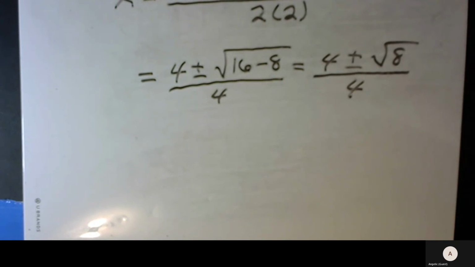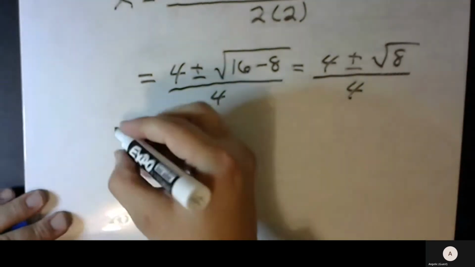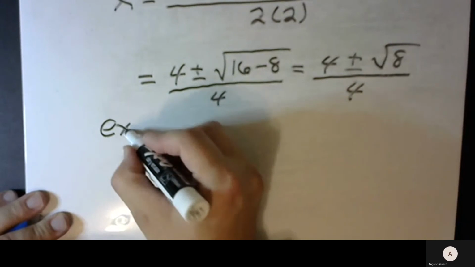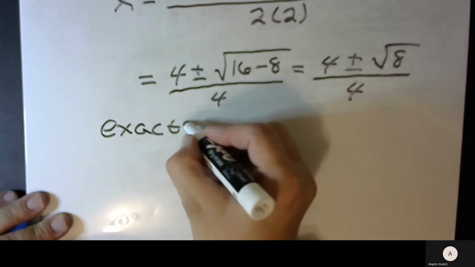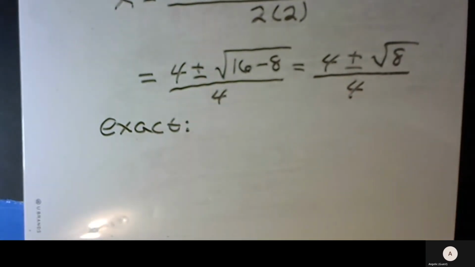square root of 8. Now, there's 2 ways you could do this, and it depends on what the problem's asking for. The first way we're going to do it is the exact method. So this is a little bit like what we were doing with pi. This means we're going to get square roots of numbers that don't have a square root, you're going to have square roots that are long infinite decimals.